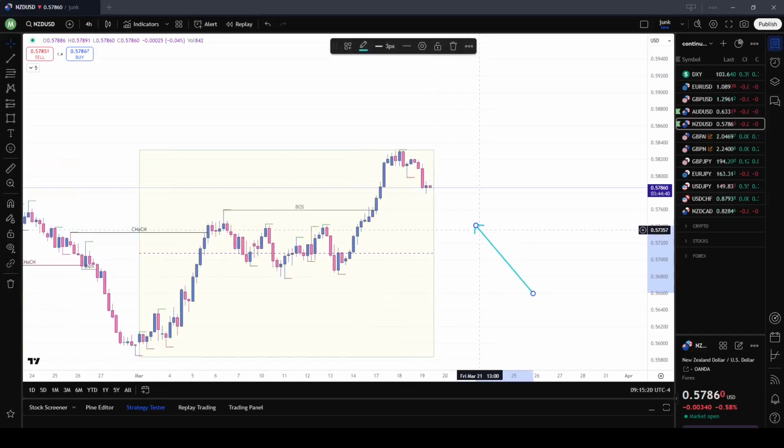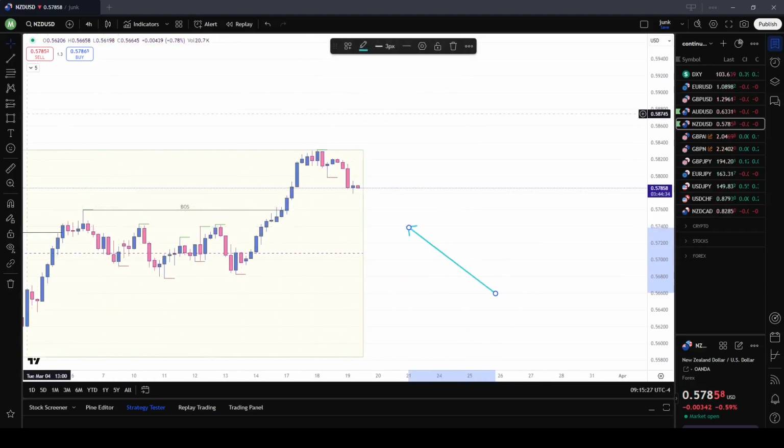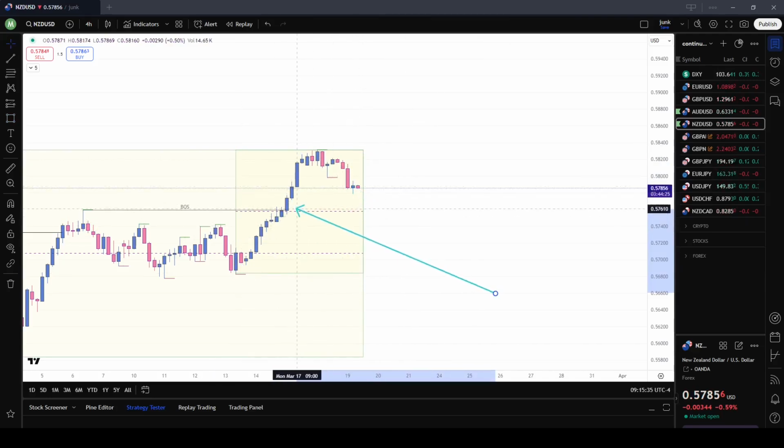Not looking for any sales back down at a discount. This is the area of demand, and out of this impulse, out of that area, this would be discount. But there's no significant area here. This is just impulsive bull candles.